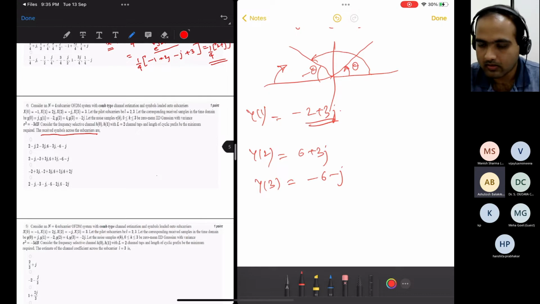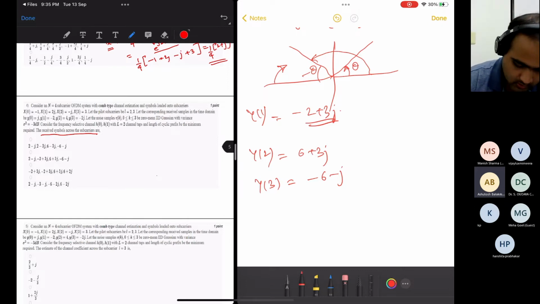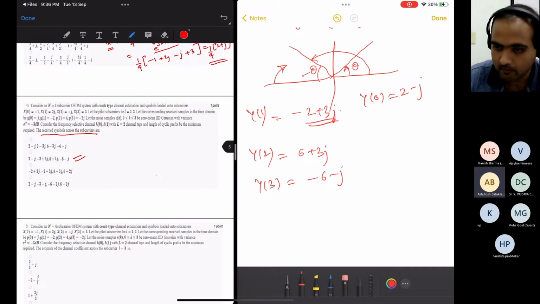Does anyone want me to do any other y, or you can just go back and see the video if you feel doubt in the concept. So what we have is y of 0 was 2 minus j. If you just look into the options, then option B is matching the answer.